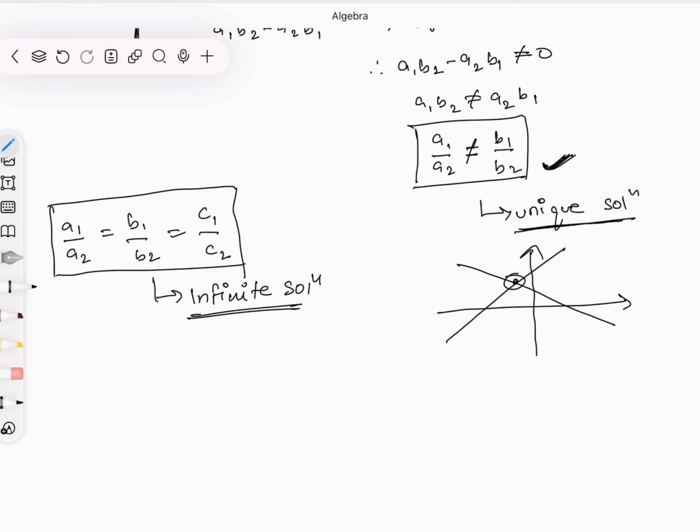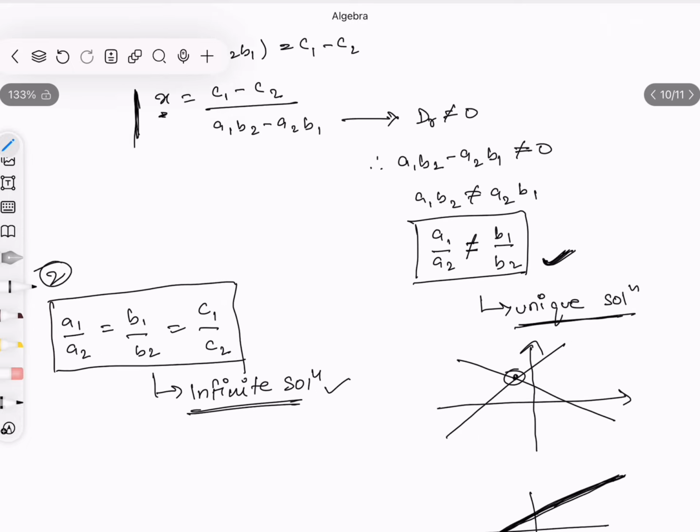Because they are practically the same line. If this is the first line, then the exact same line is going to be your second line, and they are meeting at every place. So it will have infinite solutions.